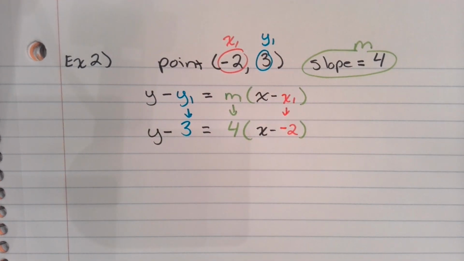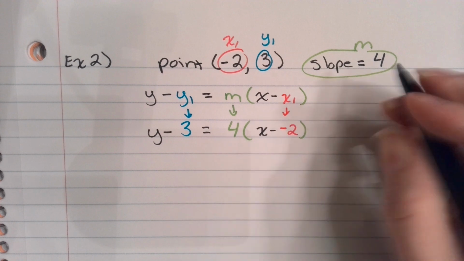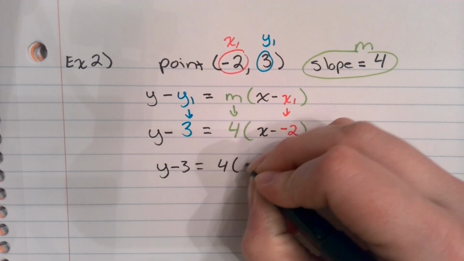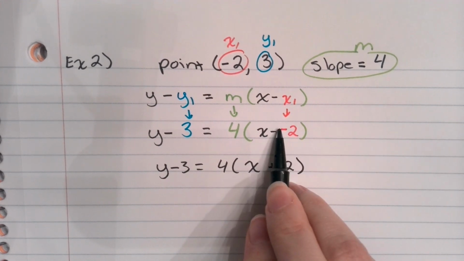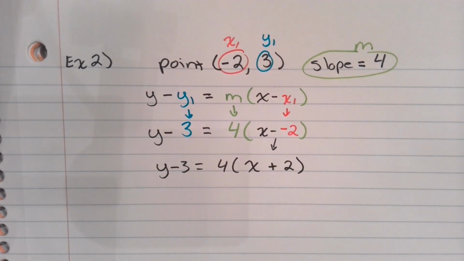Be very mindful of that. Now, when you've got minus a -2, that's the same thing as just saying x plus 2. Minus a negative can convert to just a single positive. You have to be aware of that.